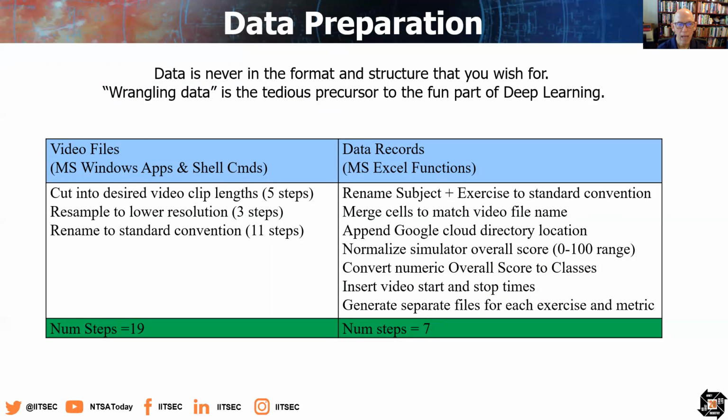And we found that we had to perform about 19 different conversion steps on the video files that we had collected from the simulator, and about 7 different transformations on the data records that were stored in Excel that was associated with each one of those video records. And those 19 plus 7 steps were not obvious at the beginning, so we had to go through experimentation and trials with a number of other steps before we figured out those were the minimum set required to make this work.